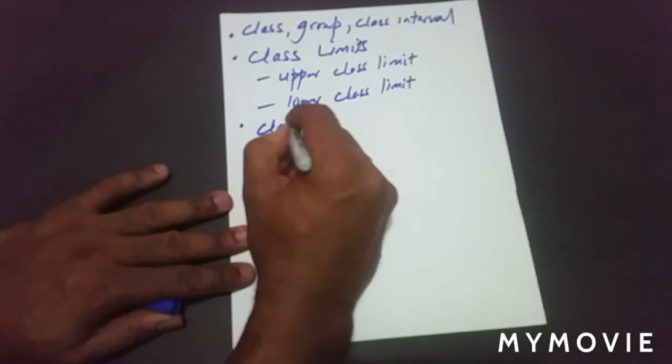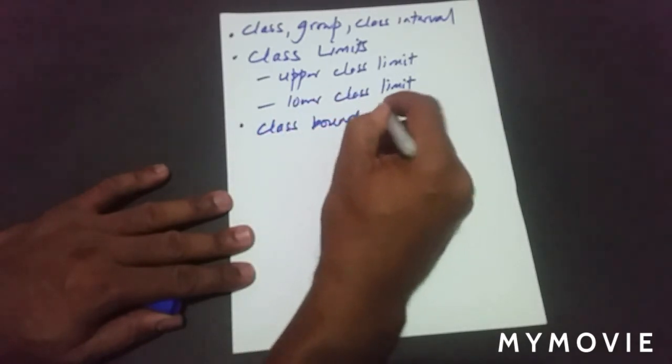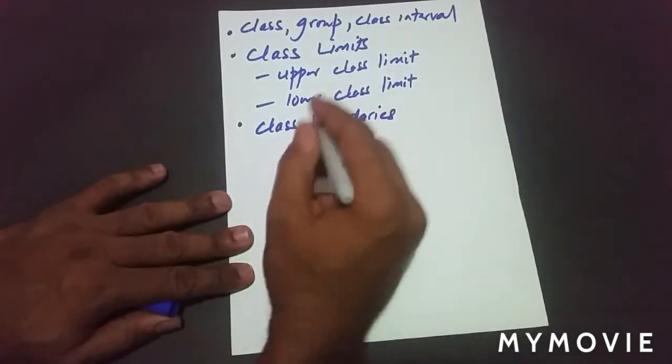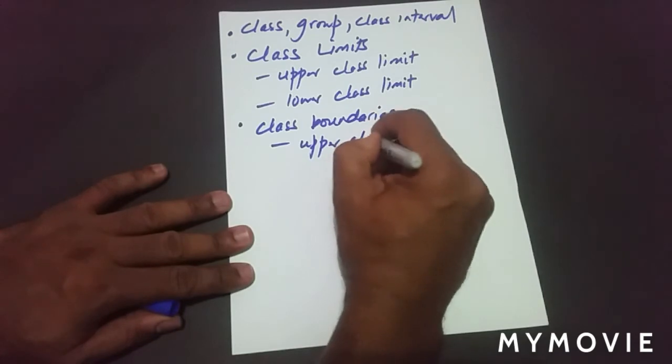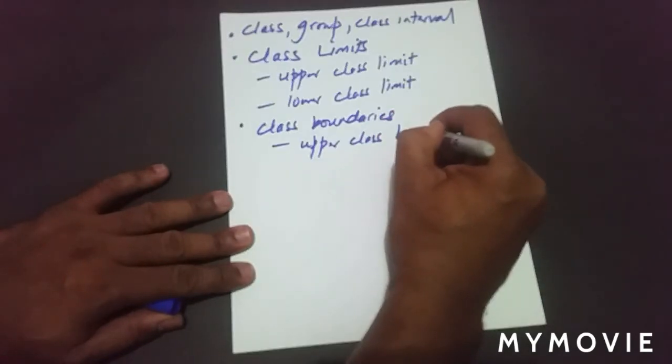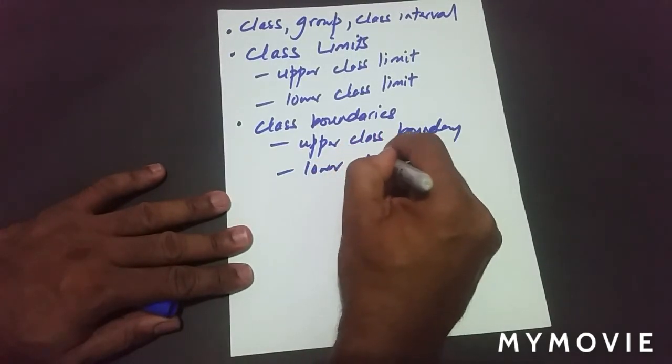Also, you need to know what class boundaries are, and the significance of these is going to come up when you do graph work. And if you know what class boundaries are, you know what the upper class boundary is and the lower class boundary.